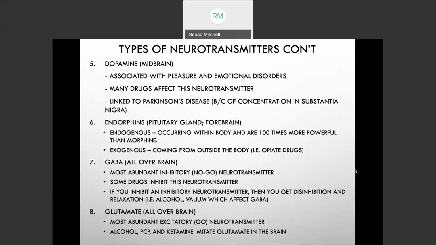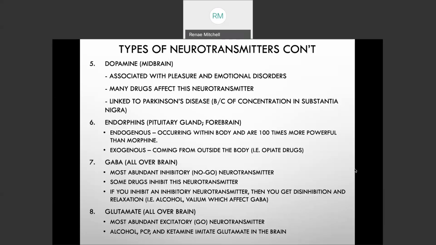So these are associated with our experience of pleasure. Endorphin stands for endogenous morphine. And so they're responsible for the sensation and the feeling of feeling good. And so again, those endogenous endorphins, the ones that occur within the body, super powerful.